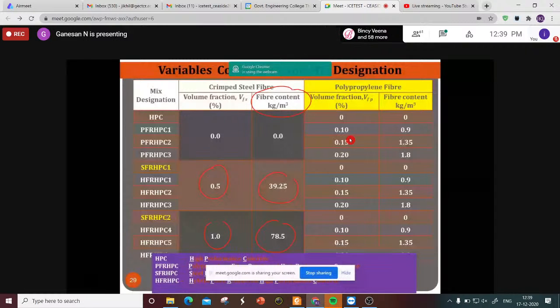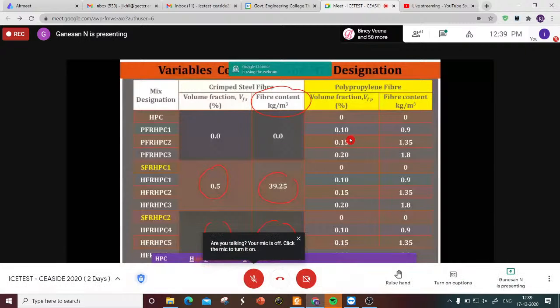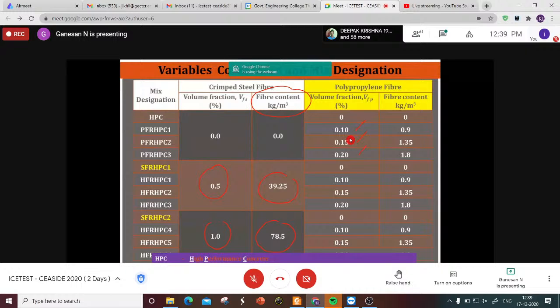And for the polypropylene fibers, again the volume fraction is given, because it is a very small fiber: 0.1, 0.15 and 0.2. If you add more, the concrete will be very harsh and you cannot work with that mix. Fiber content is about 0.9 kg, 1.35, 1.8. These are the main variables of the polypropylene fiber.